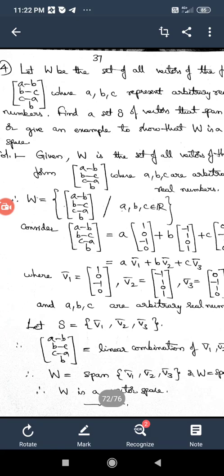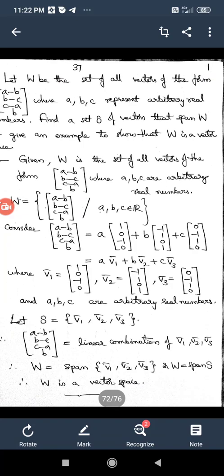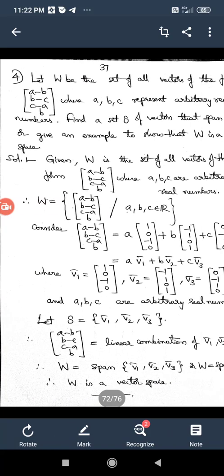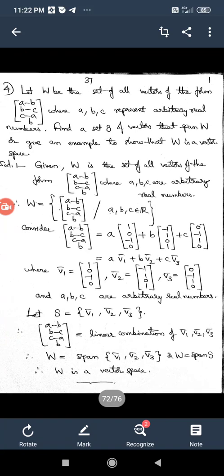Now we are asked to find a set S of vectors that span W, or give an example to show that W is not a vector space.